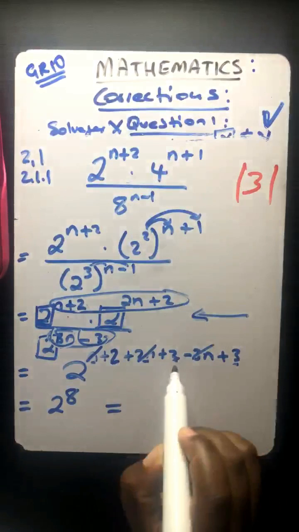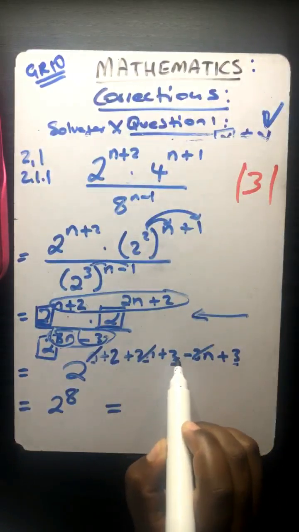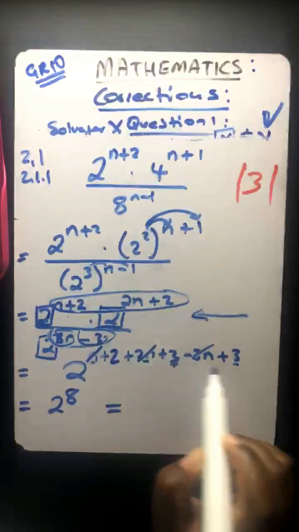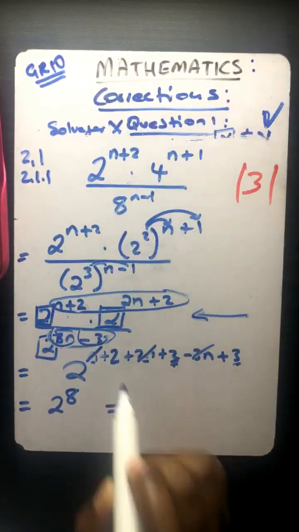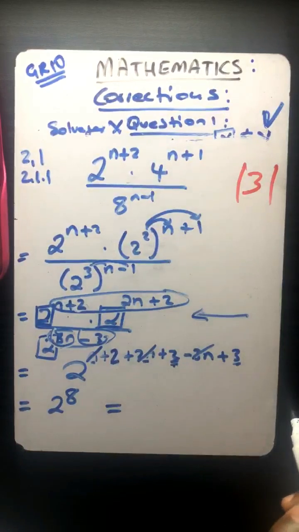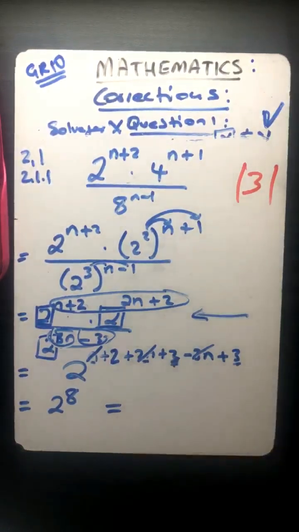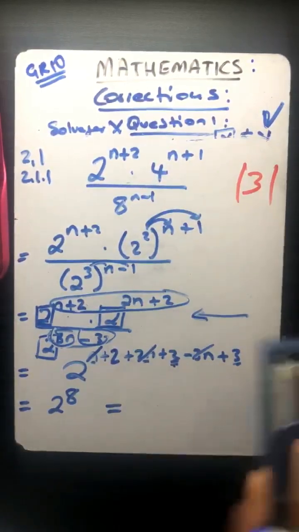So that means it becomes 2. No, this is 3 minus 3 plus 3, it's 6. Then wait. I'm now not able to see this number.